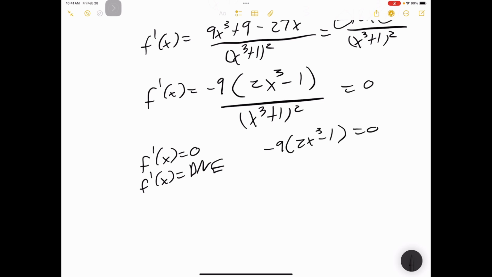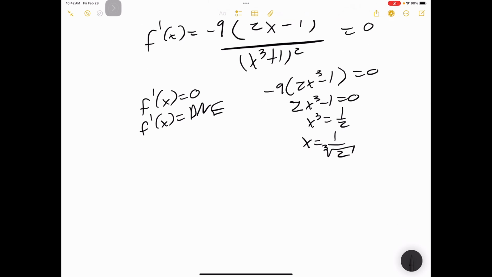We can divide by the negative 9, we're left with 2x cubed minus 1 equals 0. X cubed equals 1/2, which means x is equal to 1 over the cube root of 2. And so that's where we have our local extrema of some sort, maybe.